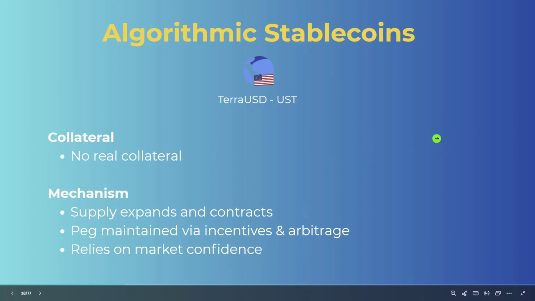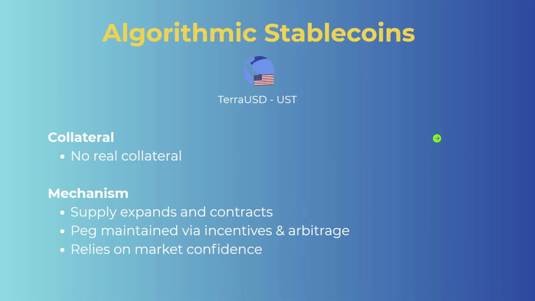There is another type of stablecoin represented by algorithmic stablecoins like TerraUSD, also called UST. In this case, there is no real collateral. The mechanism is more complex in the sense that supply expands and contracts.